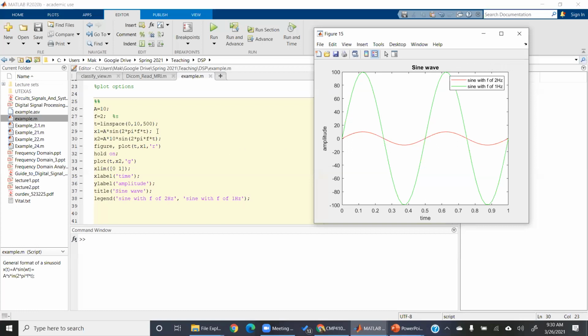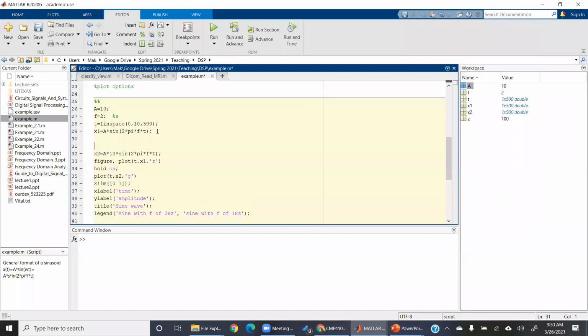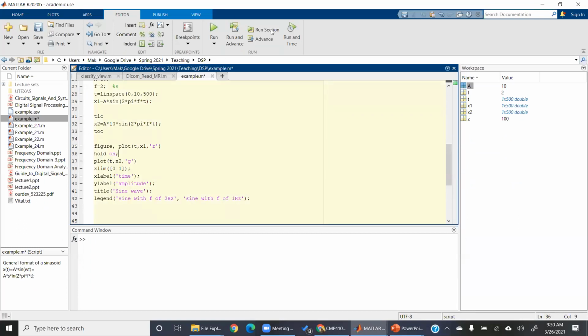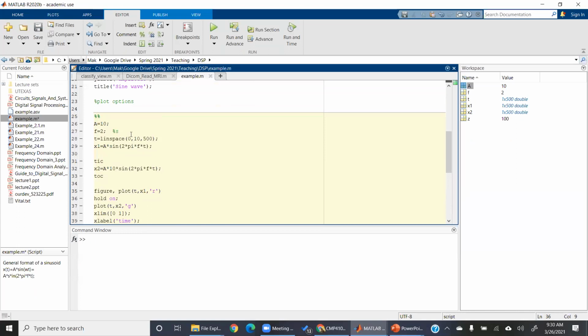And do you know how long this took to execute? It's another trick I want to show you. If you want to know how long a block of code takes to execute, you use tic toc to sandwich that line of code. So pay attention to, oh, what happened there?